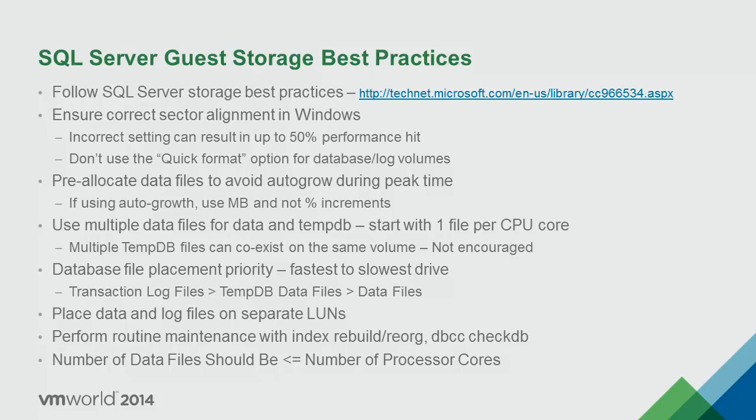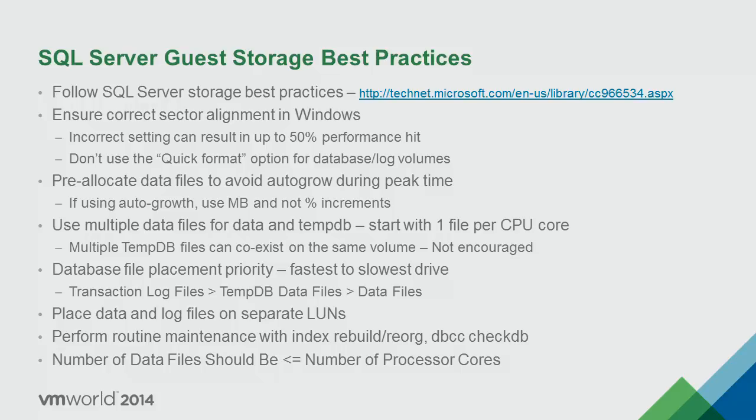Yeah, absolutely, Scott. I would love for you to cover this. So a couple things. We talked about sector alignment already. As far as data files, definitely pre-allocate your data files so that you can avoid the autogrow function during peak processing time. And if you do use autogrow, tend toward the megabyte versus the percentage.